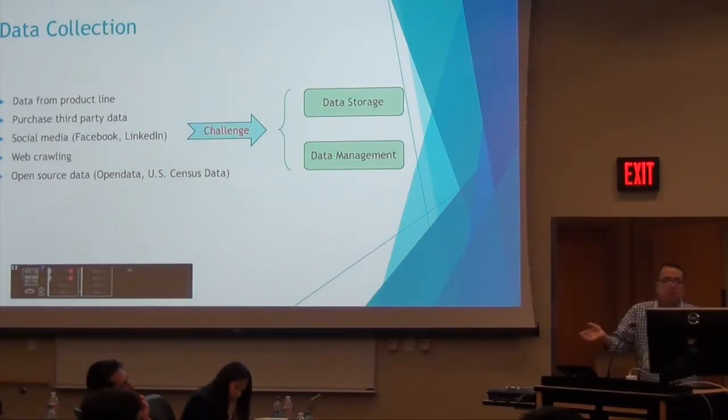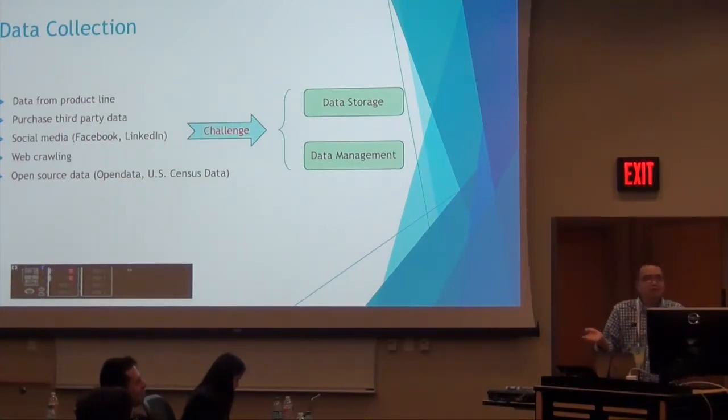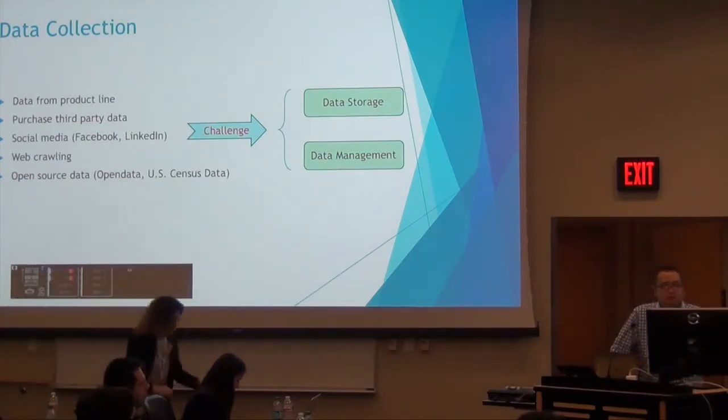You can purchase third-party data. When we worked on the healthcare project, we purchased data from the hospitals. We can also use social networks like Facebook and LinkedIn, and you can build a web crawler to download data. We also have a lot of open source data. Open-data.org is a big project where you can find a lot of data.